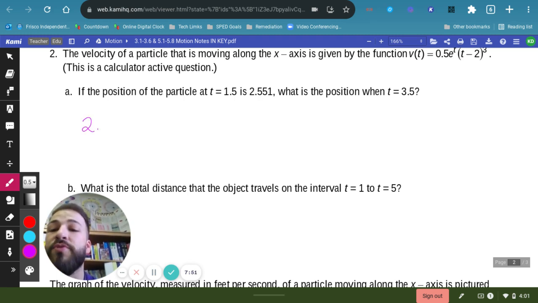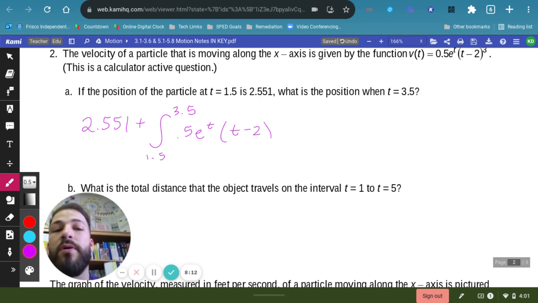So starting at 2.551 plus the integral from 1.5 to 3.5, because 2.551 is at 1.5. And then my function, 0.5 e to the t times t minus 2 cubed, and then of course dt because we are integrating with respect to t.